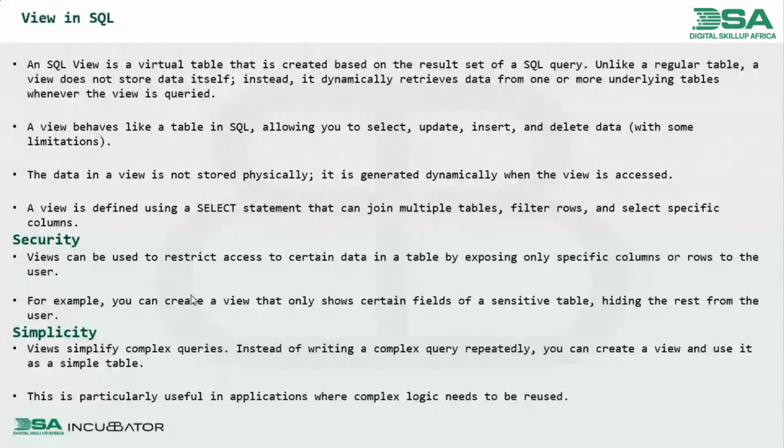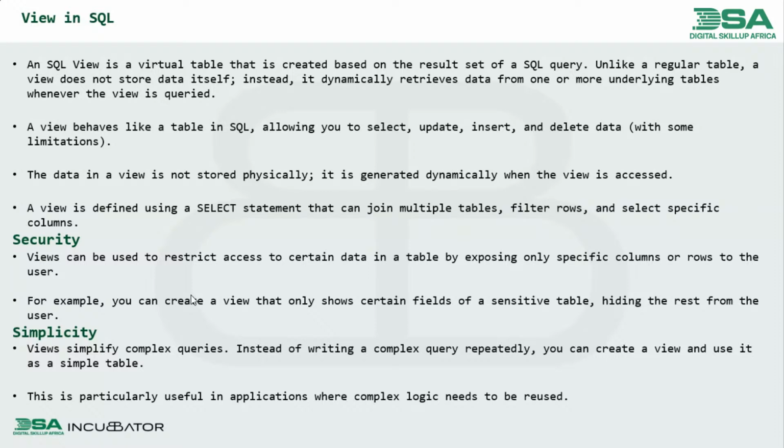Now, a view behaves like a table in SQL. It allows you to select, update, insert. So on a view too, you can select, you can update, you can insert, you can delete, right? With some limitations.